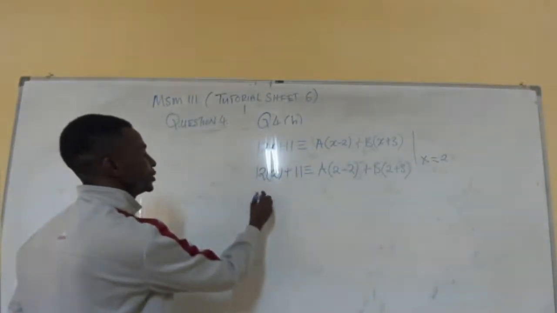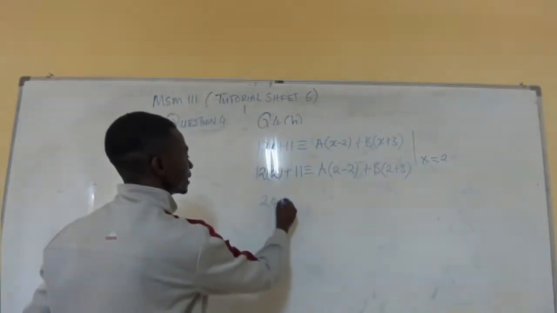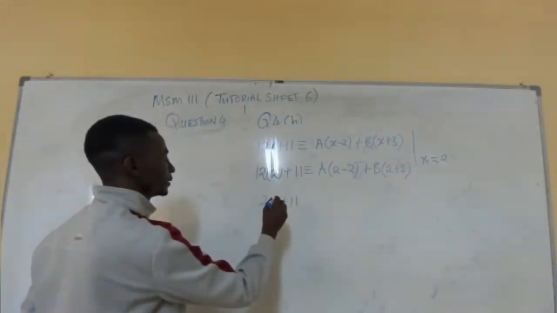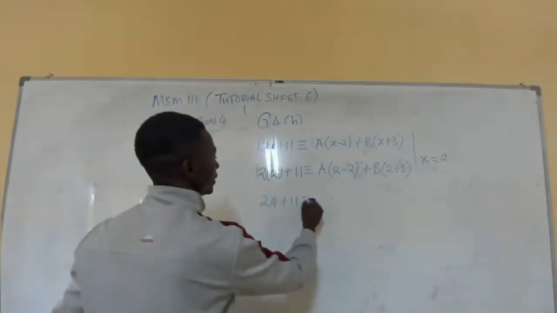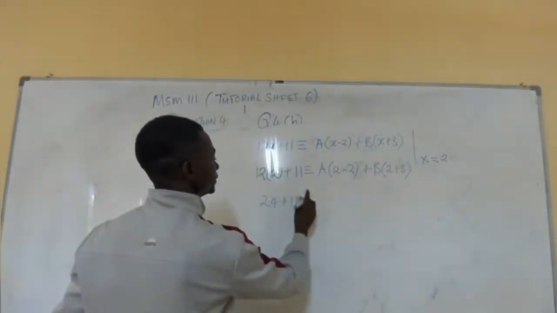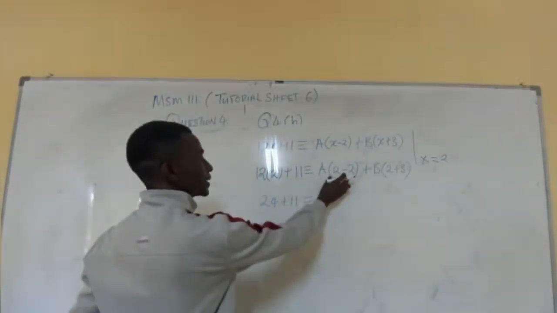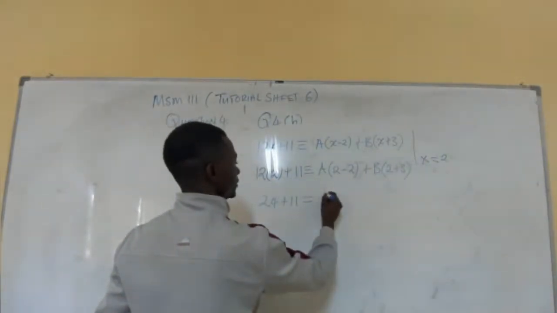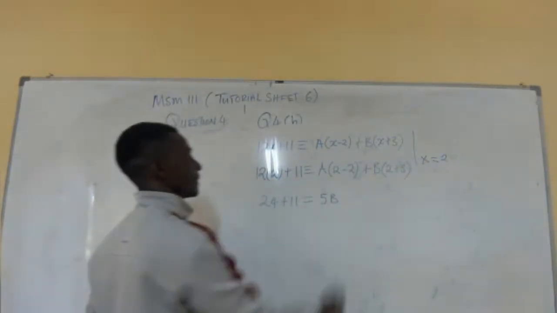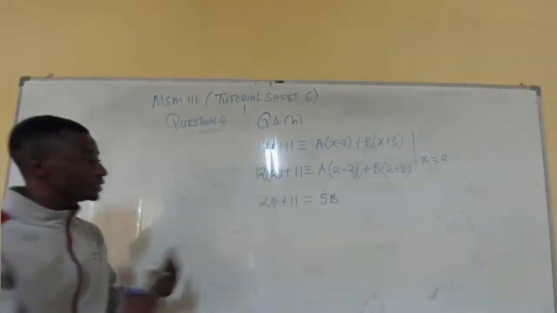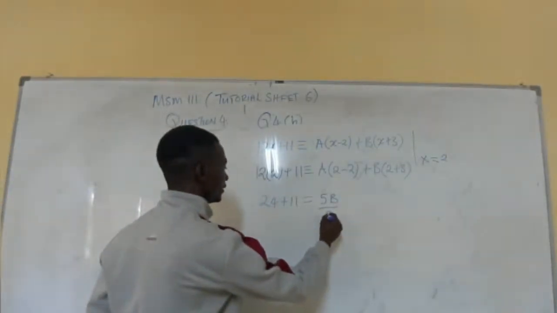So what is 12 times 2? It's 24, plus 11. That equals 0 for the a term, and 5b.